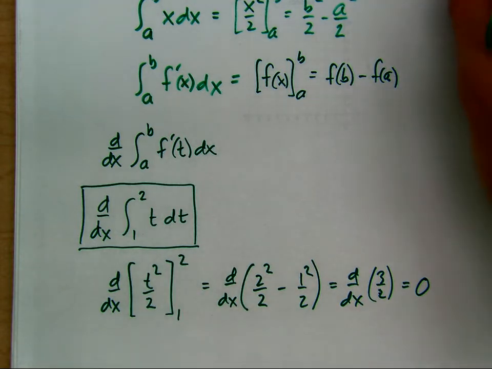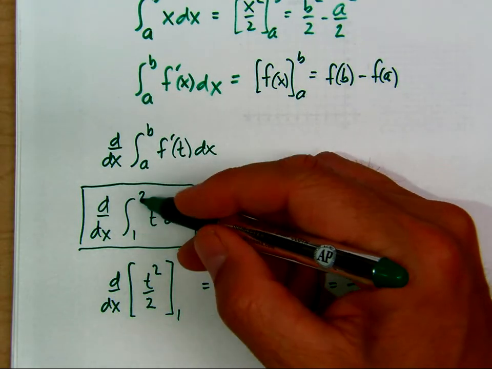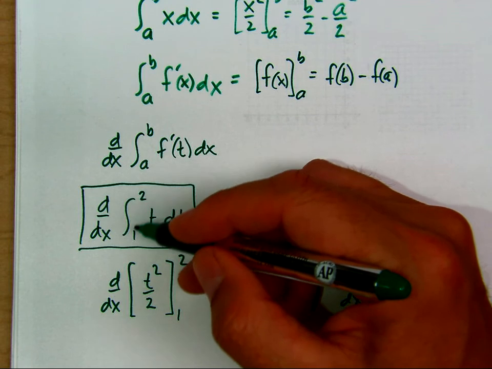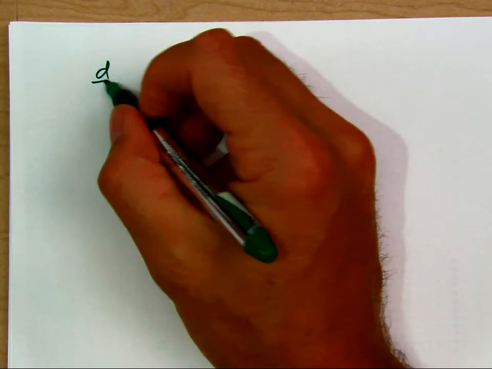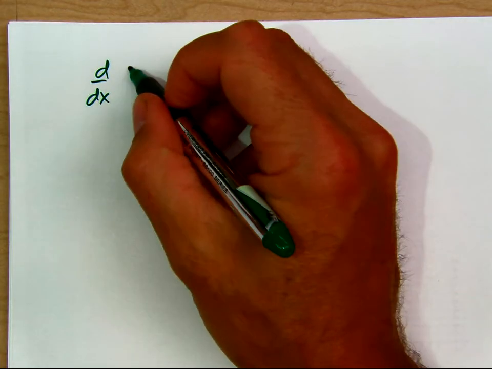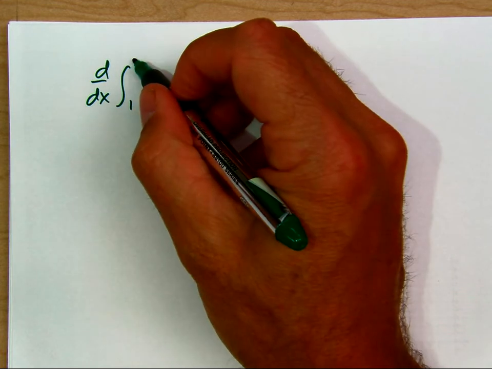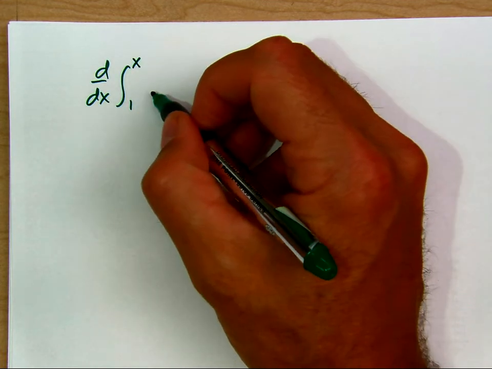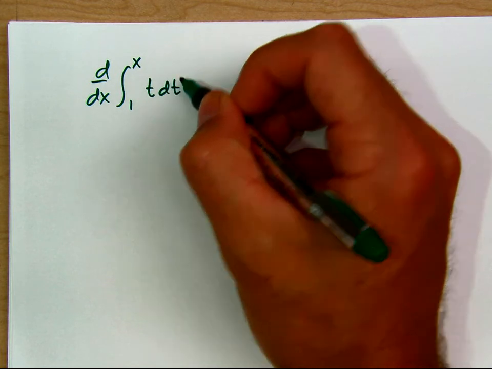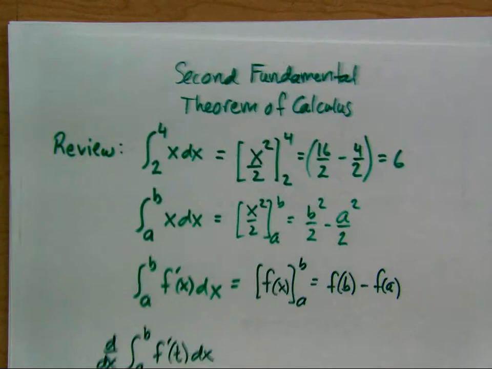But we're going to look at it when we don't have constant limits. We're going to have a function of t here and or here. And that looks like this. I guess I'll go back and change what I said.